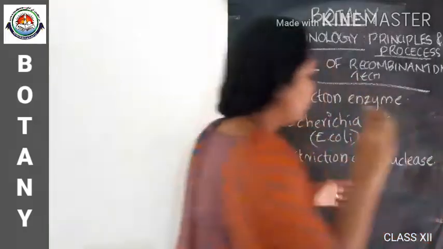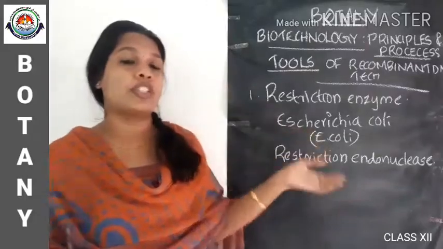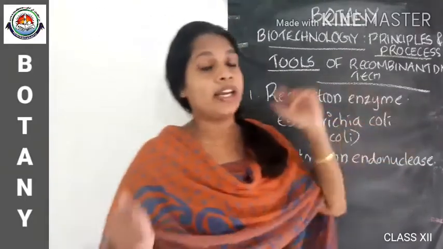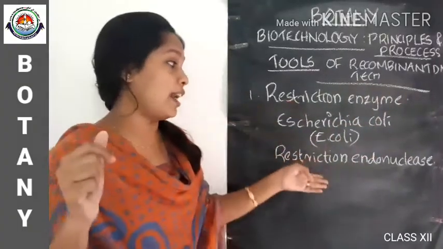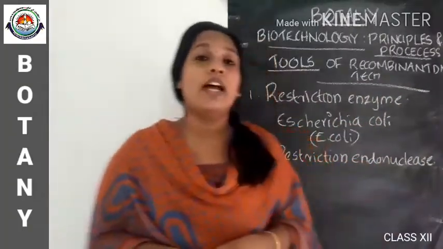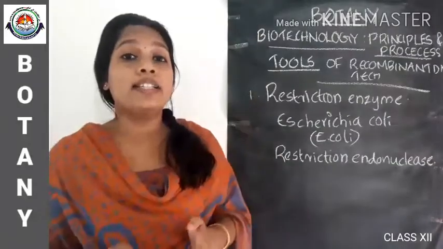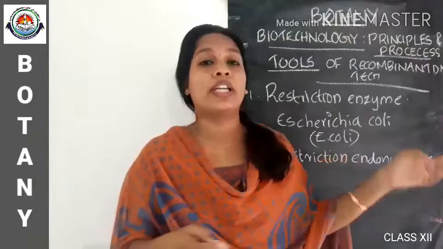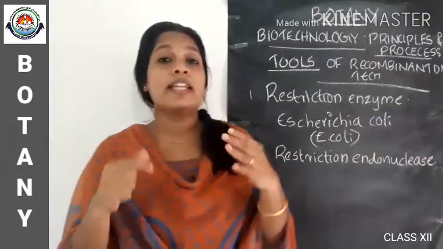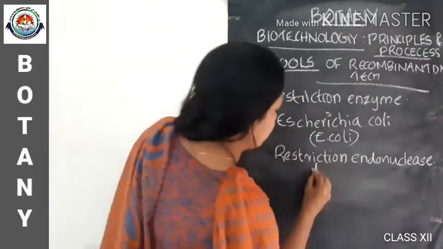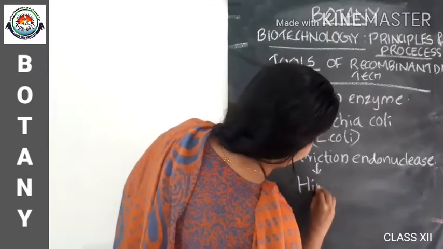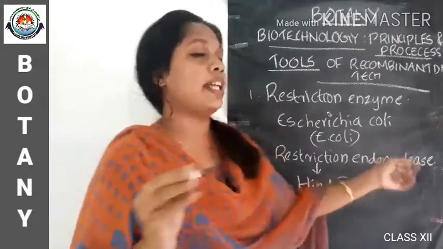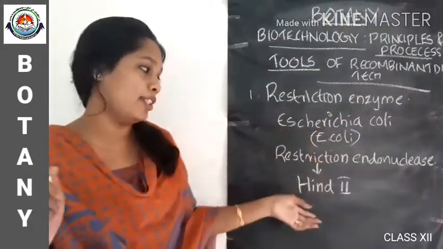So this is the first restriction enzyme obtained from Escherichia coli, and this restriction endonuclease has the ability to cut the DNA. The first restriction endonuclease enzyme is Hind II. This is the first restriction endonuclease enzyme isolated.